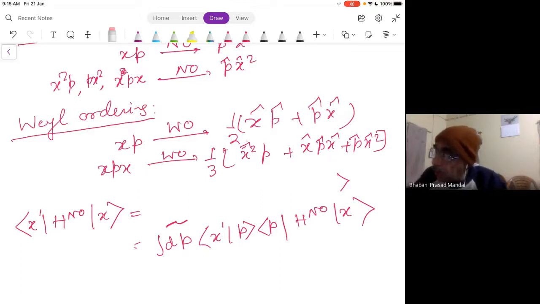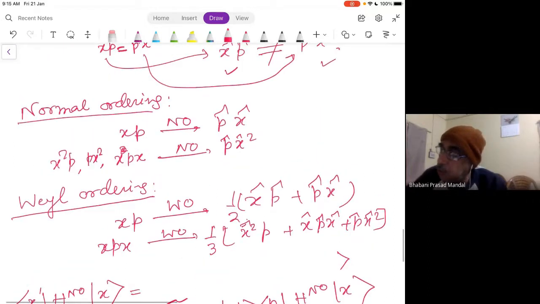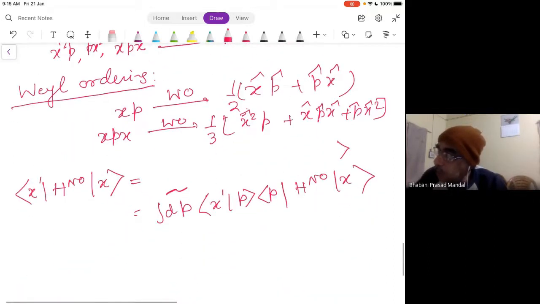It will be clear in a moment why I put it like this. See, now H normal order. Whatever function H we have, momentum will be on the left, right? Normal ordering means momentum on the left. So if momentum is on the left, it can act on this p state. That is the whole idea of this.